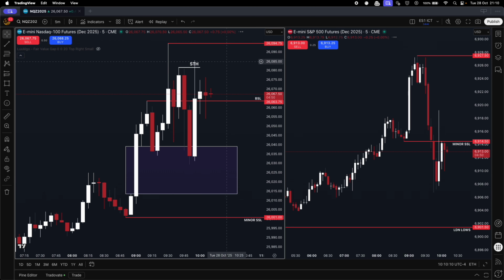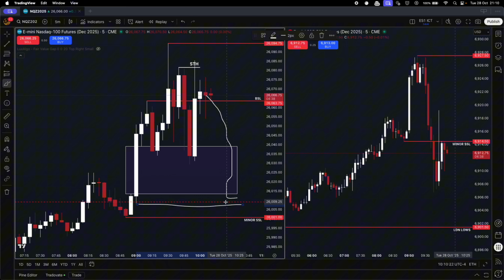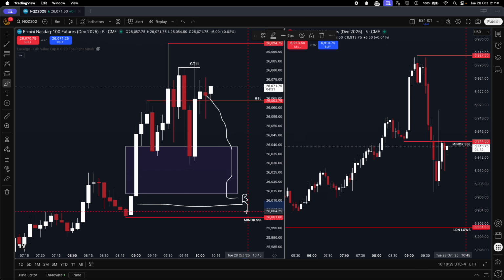So going back to your question, if price was to trade into this bullish gap and then close below at this area, but not trade into the next 5 minute bullish gap, it would then be bearish, and it would be bearish to the next fair value gap or low, whichever one comes first.